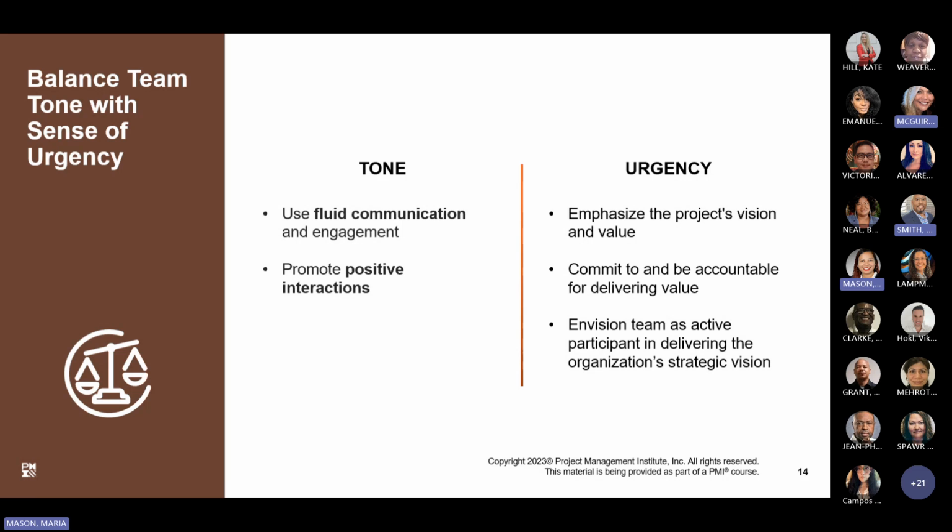It helps the team feel more motivated that their work is making a direct and positive impact on an organization. So that includes leading through the communication of the project's importance and vision, showing your team why it matters, creating relevancy and reinforcement of the value.